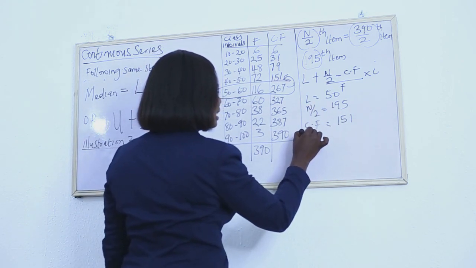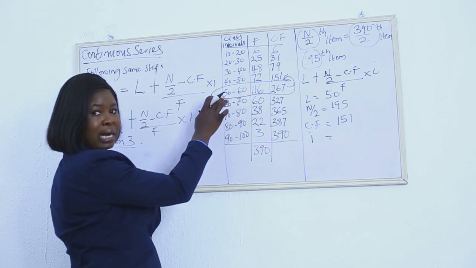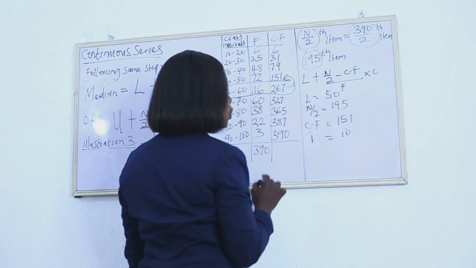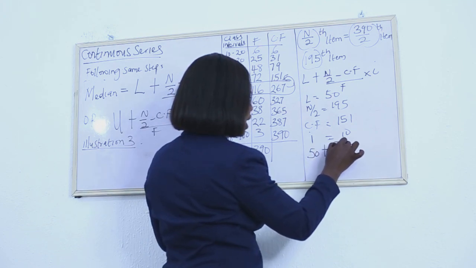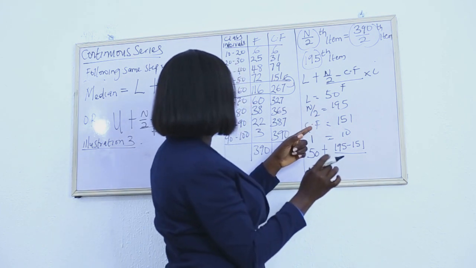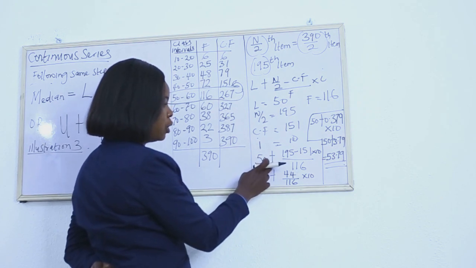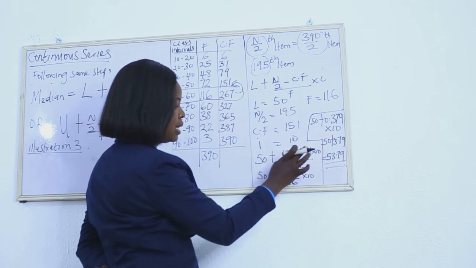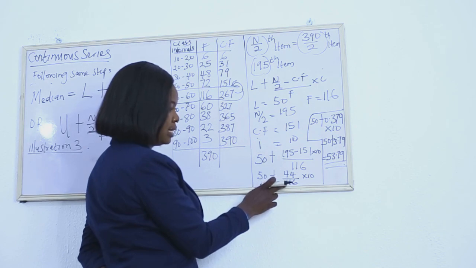Then the class interval is the upper class limit minus the lower class limit, that's 60 minus 50, which is 10. So putting it into the formula, we have 50 plus 195 minus 151 all over the frequency for that class, which is 116, times 10. So 195 minus 151 is 44, all over 116, times 10.